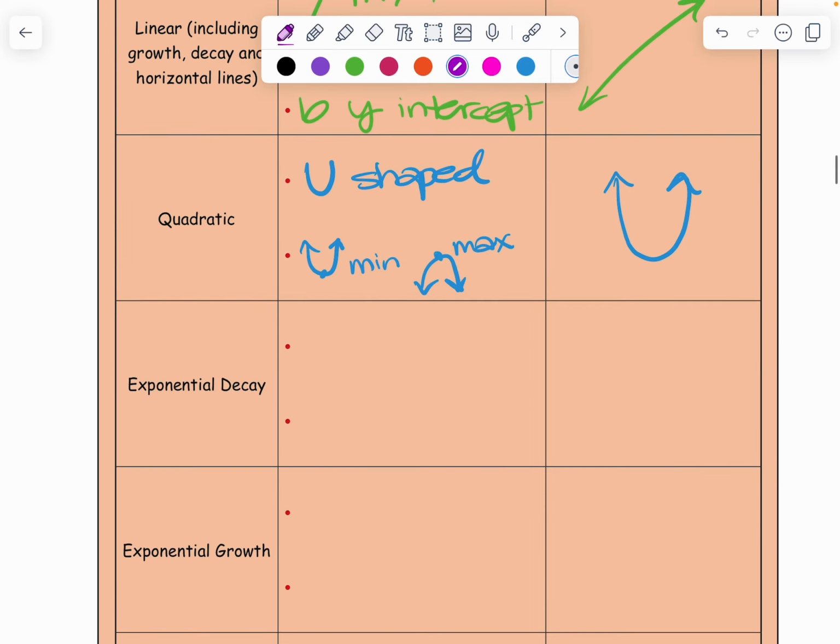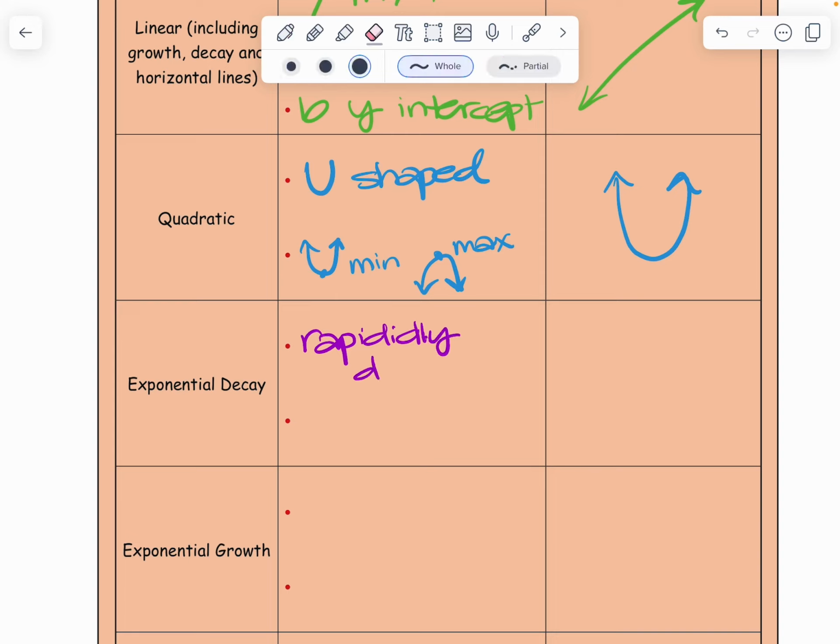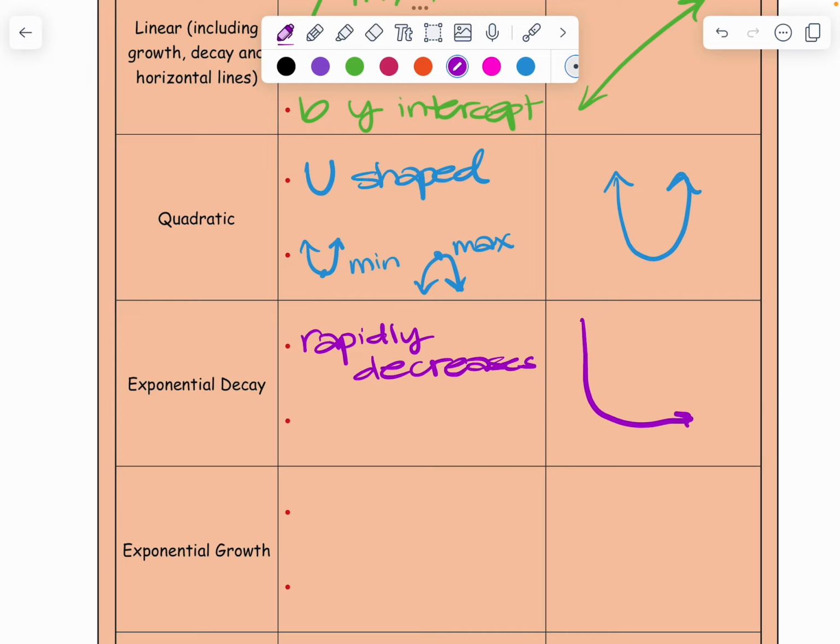Exponential decay. So it rapidly decreases, right? Zoom, there you go. And our base, if we have y equals, usually we have a 2 to the x or some kind of number here.